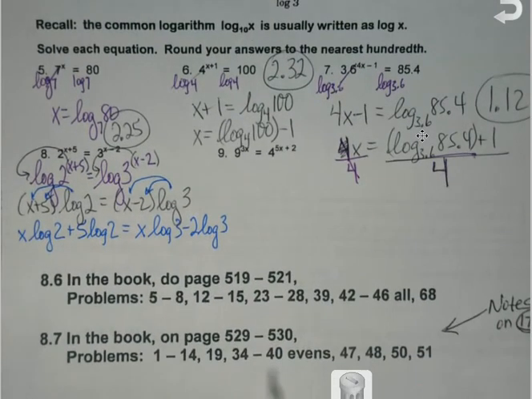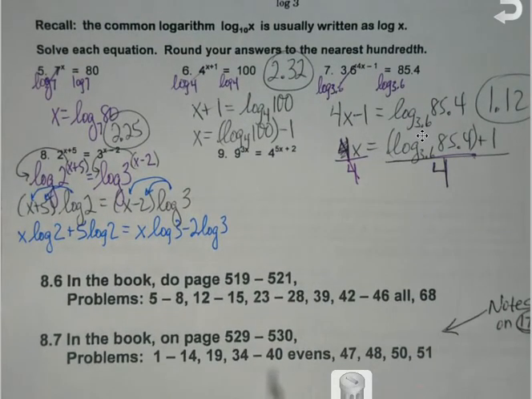And after this next step, trust me, it will make more sense. Because remember, in the big picture, what are we trying to do? We're trying to solve for x. To be able to solve for x, we have to have all the x's on the same side.